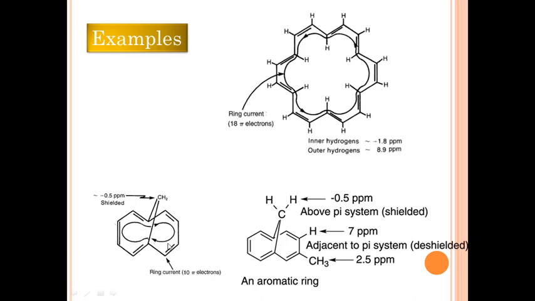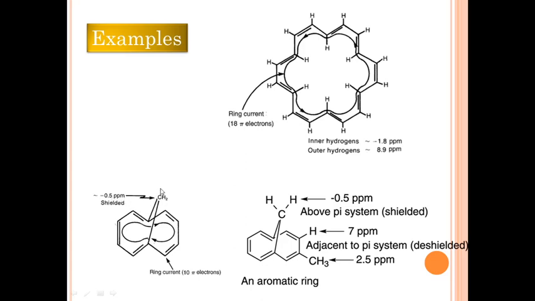Look at this example. This is the 10 annulene, and this CH2 group just lies above that particular ring. This compound is aromatic, 10 pi electron system, so it generates the ring current, induced magnetic field, and when we apply the external magnetic field, then it is observed that this CH2 shows peak at minus 0.5 ppm.